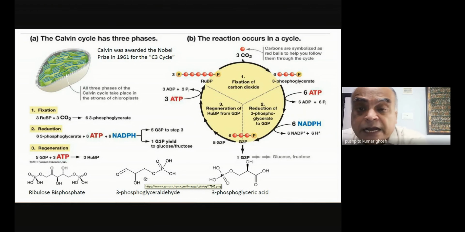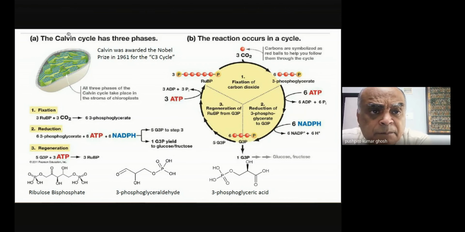All right. Now, what is also very interesting is that, one more thing. Now, this thing you can see, Calvin was awarded the Nobel Prize for the C3 cycle. Okay, and we will encounter another cycle later on, which is known as the C4 cycle. So let me tell you what is C3, where the name comes from.